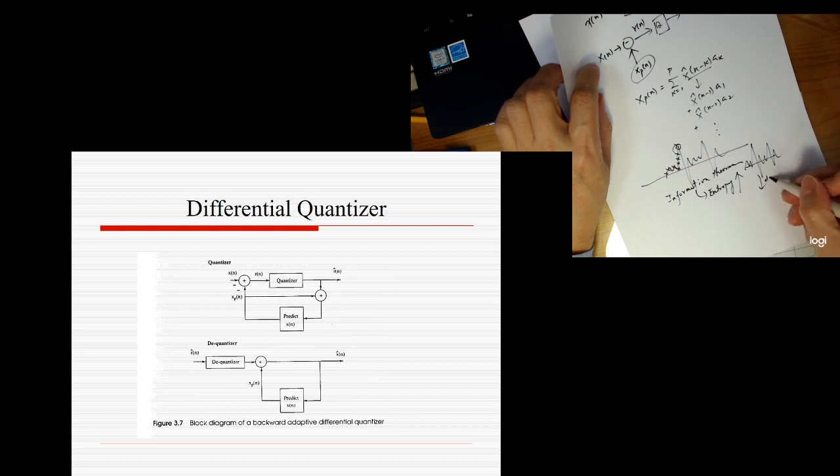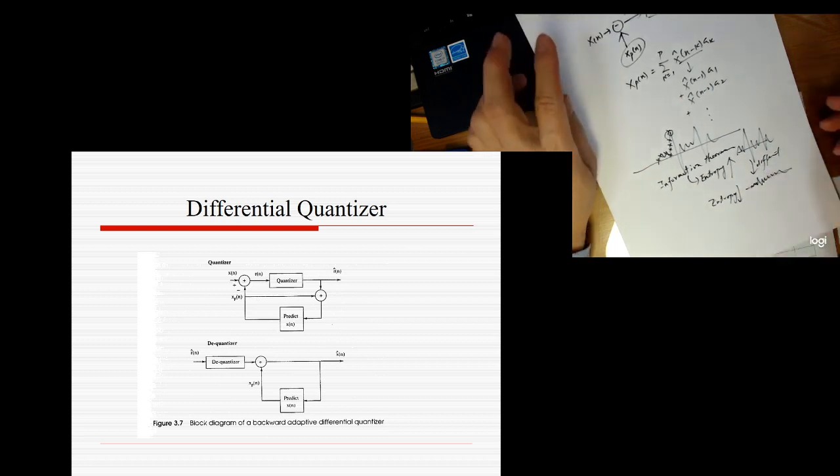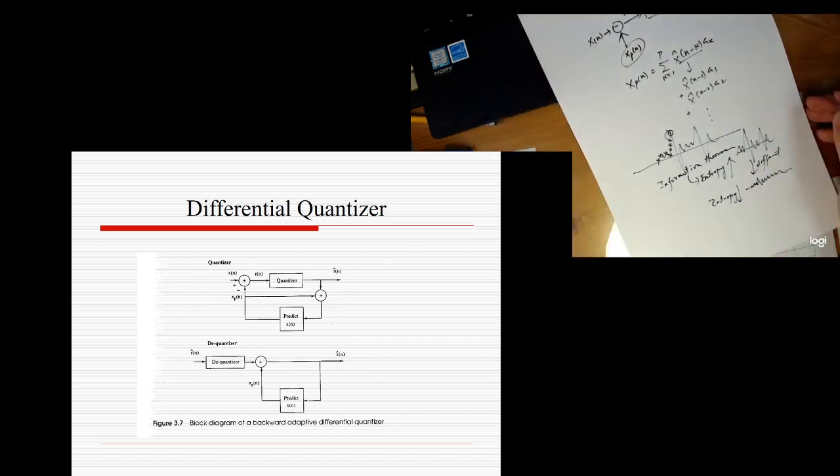After we take the differential, the dynamic range becomes smaller, so the entropy will be lower. With lower entropy, we can use fewer bits to encode the data. The data diversity becomes smaller, so we can make good use of our quantization levels. Here you can see the differential quantizer.